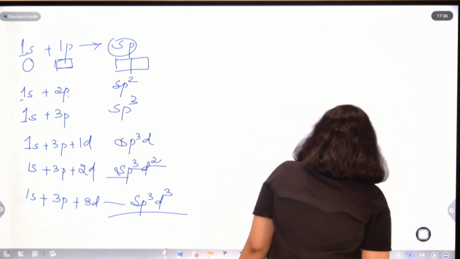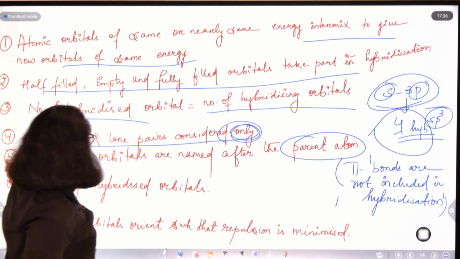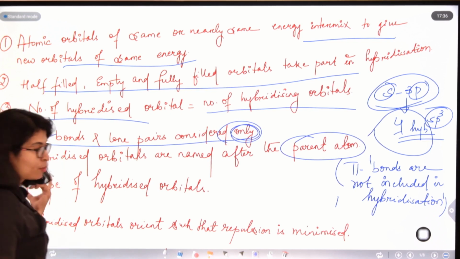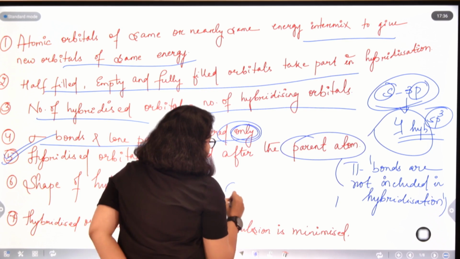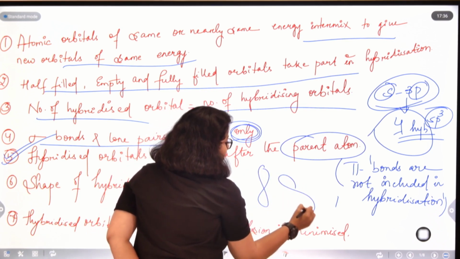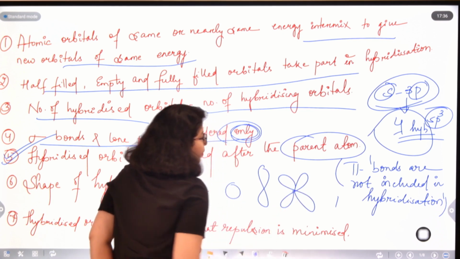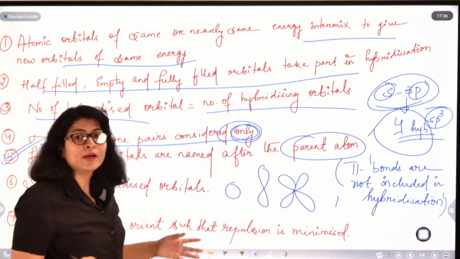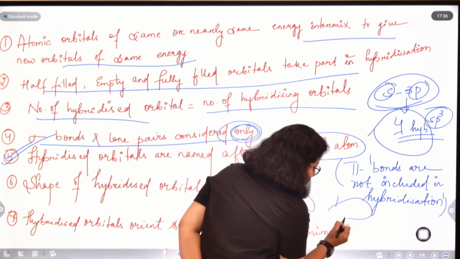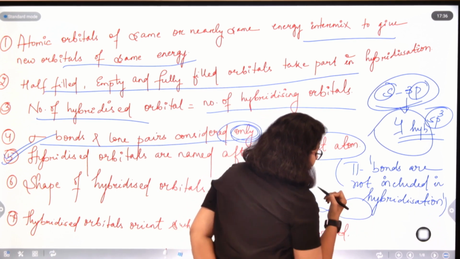Now, hybridized orbitals are named after the parent atom. Now the shape of hybridized orbitals: the shape of s is spherical, the shape of p is this, and d was double dumbbell, but the shape of all the hybridized orbitals is like this. We have one bigger lobe and one smaller lobe.